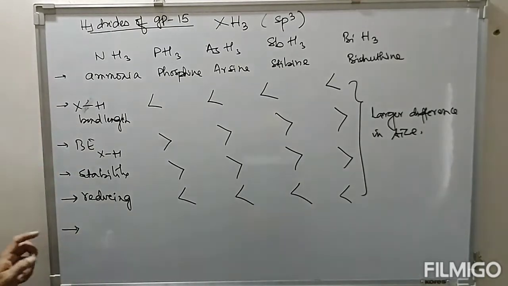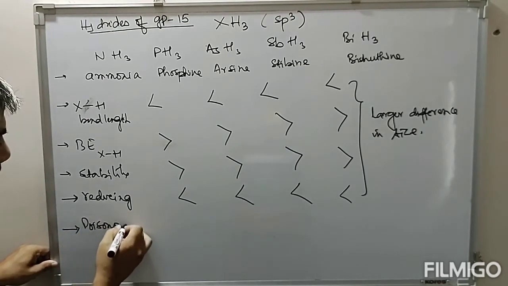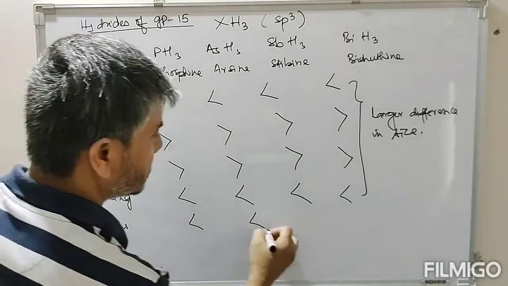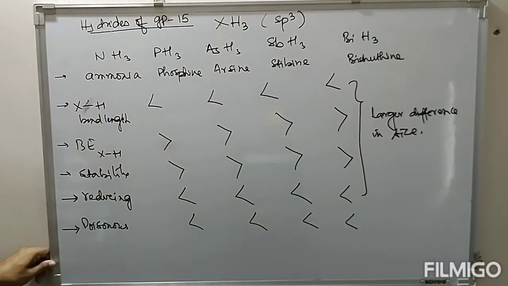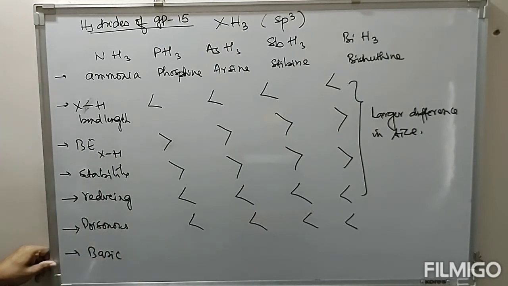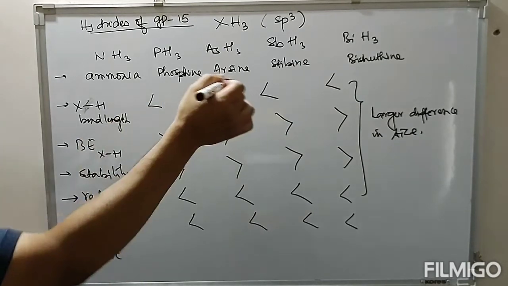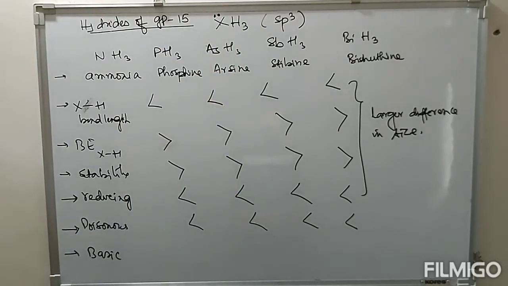Now, these hydrides also show poisonous nature. The poisonous nature again increases down the group. The hydrides of group 15 contain a lone pair of electrons on the central atom.